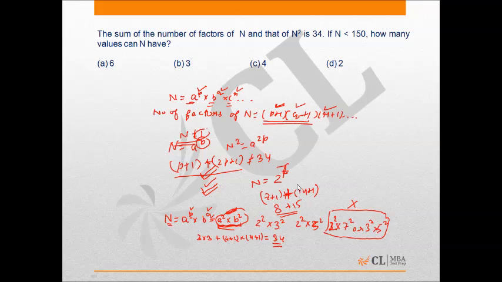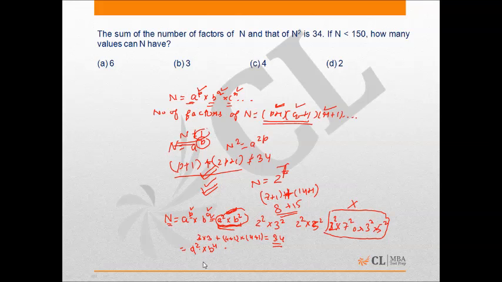Now let's check for other possible values of p and q, whether n has some value or not. Next possible case would be a raised to power 2 into b raised to power 4 or vice versa. In that case, let's check what is the sum of the number of factors of n and that of n square.